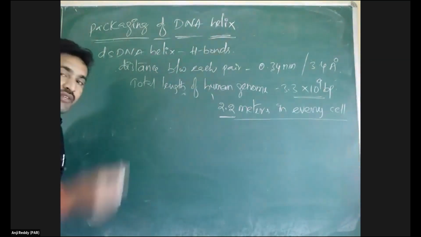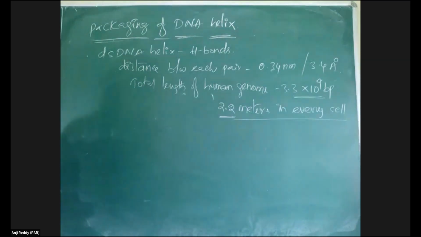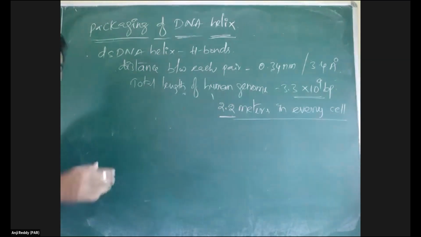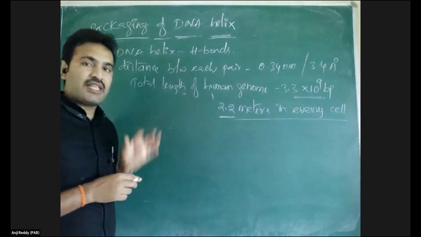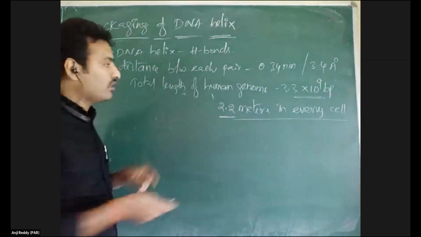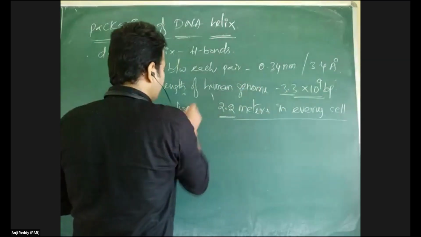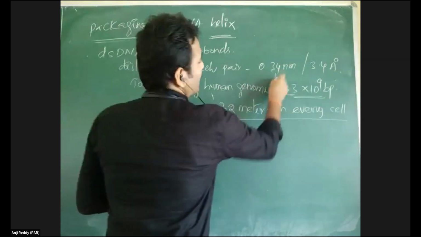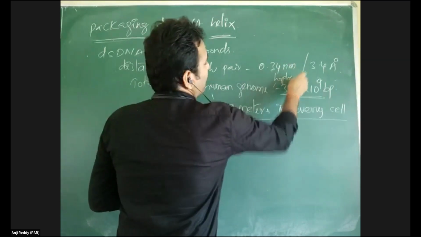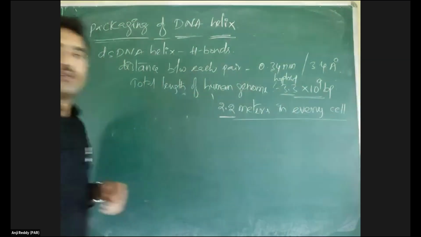But our cell is a microscopic structure, a very small structure. The cell is very small and the DNA is very long. This is haploid DNA only, actually. The human haploid genome is 3.3 into 10 power 9 base pairs.